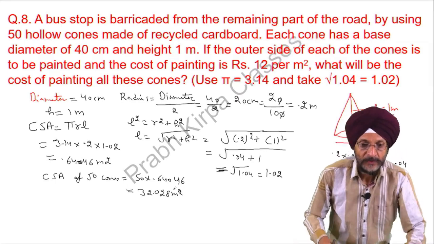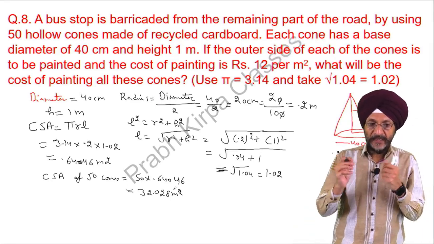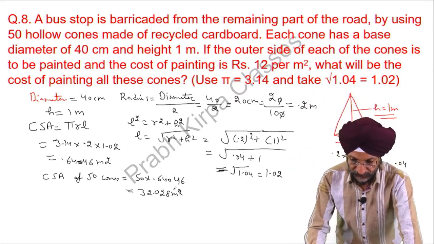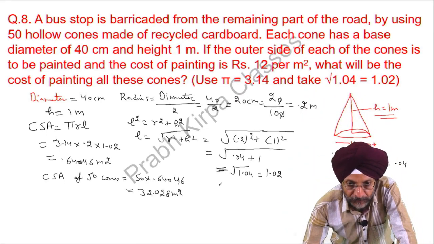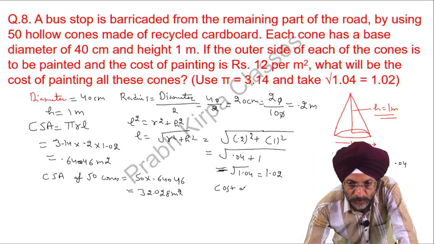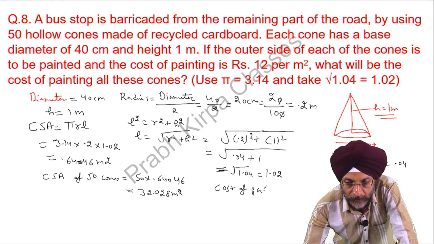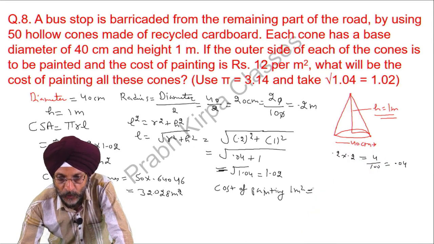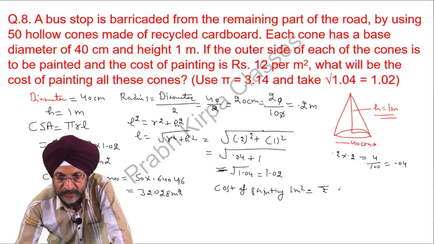So now the cost of painting has been given as 12 per square meter. Cost of painting 1 square meter is equal to rupees 12.